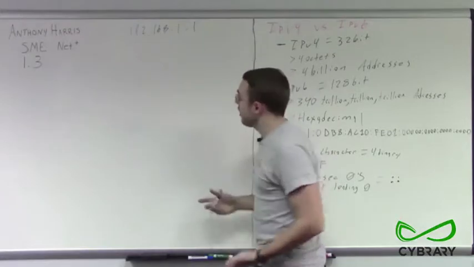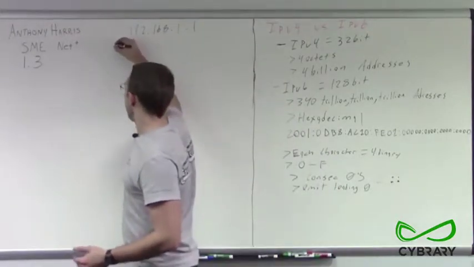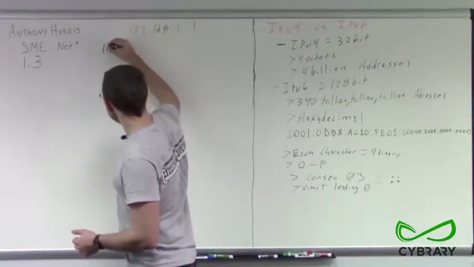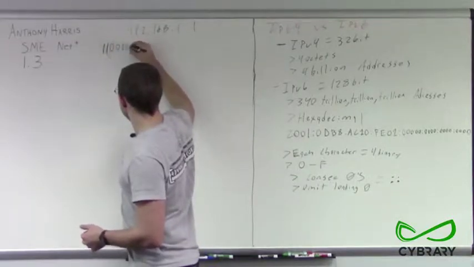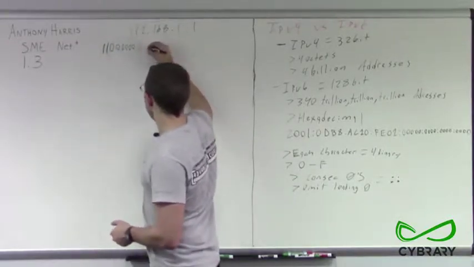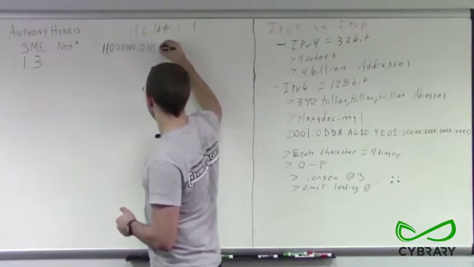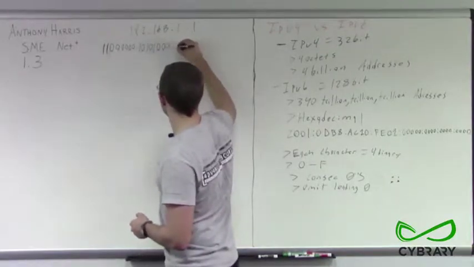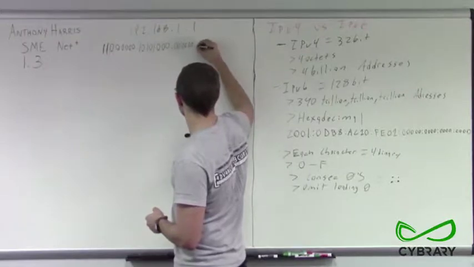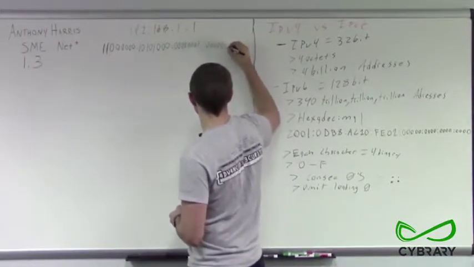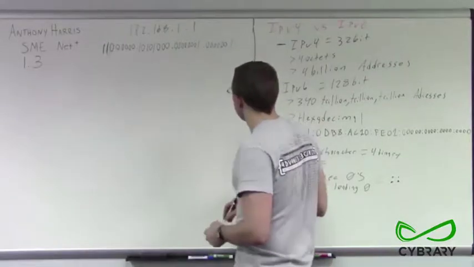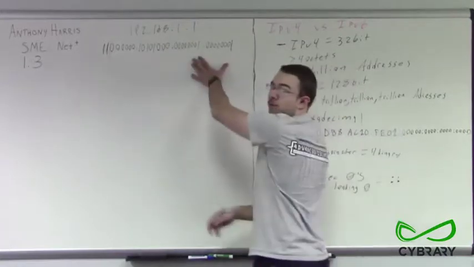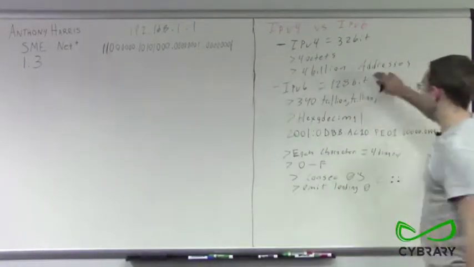And then we have IP addresses which look similar to this in binary. So that's what our IPv4 addresses look like in binary, and this provides us with 4 billion addresses.